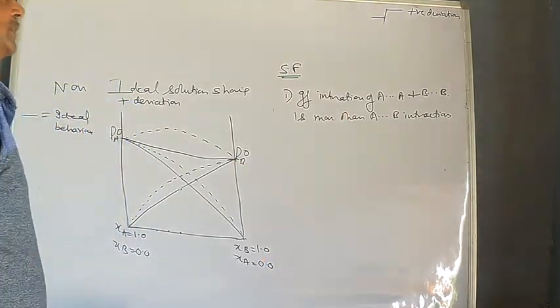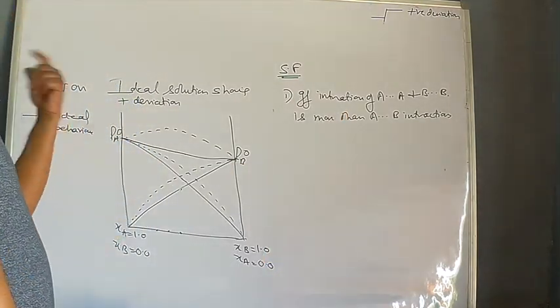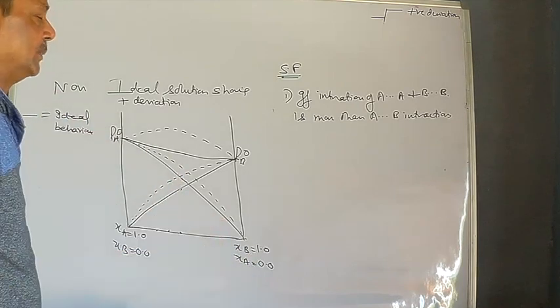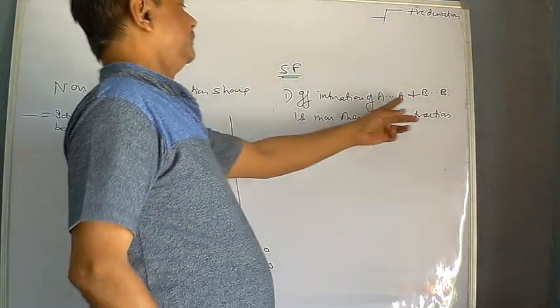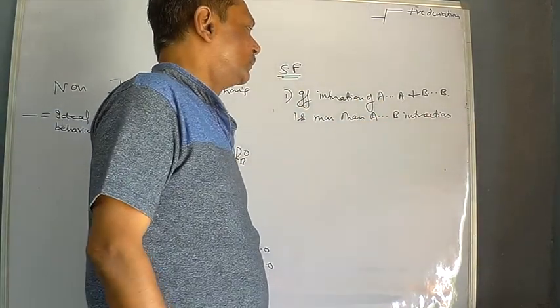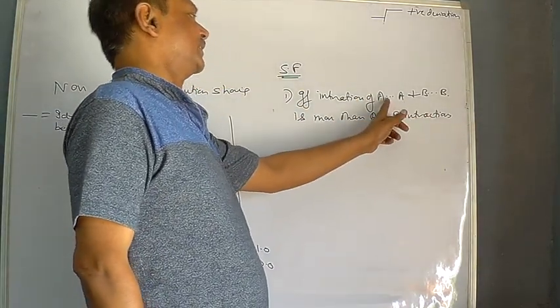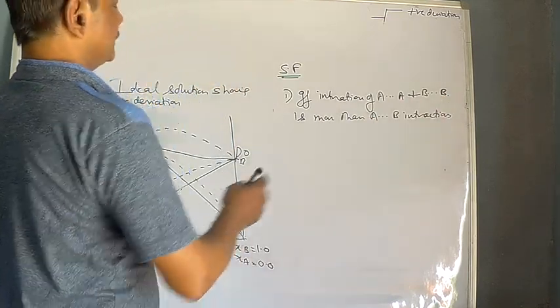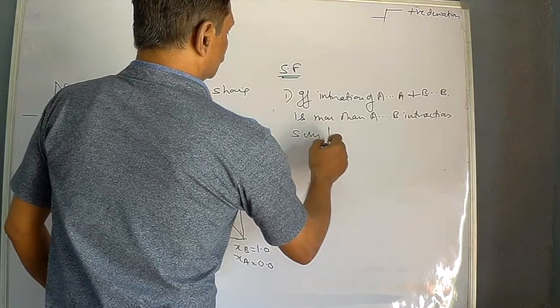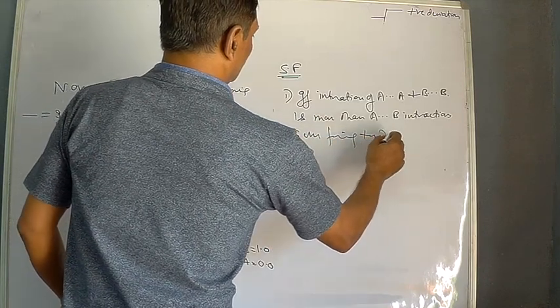And if solution forming tendency is less, previously they were going to the solution, so vapor pressure of solution was decreasing. But here A and B, they do not have any tendency to form solution because interaction of A is greater, B interaction greater than AB interaction. Therefore solution forming tendency is less.